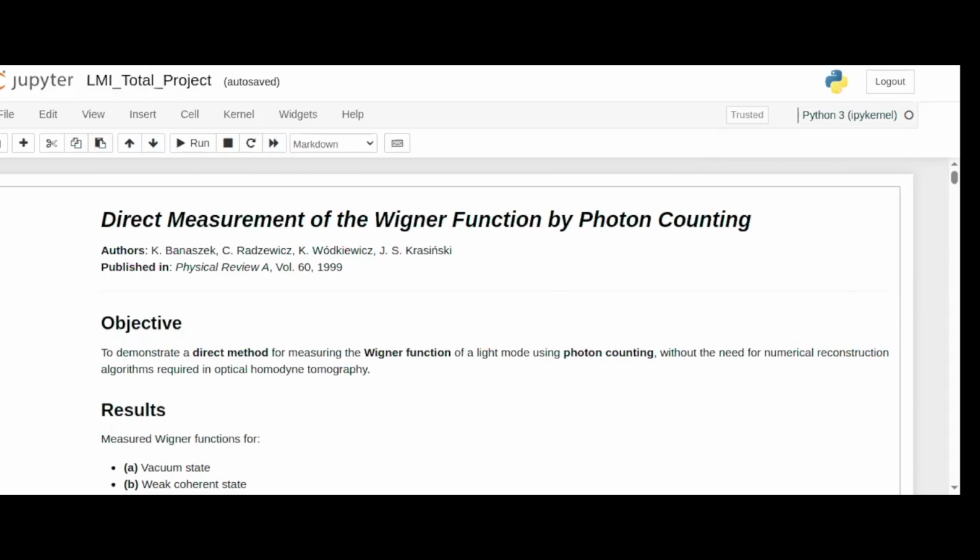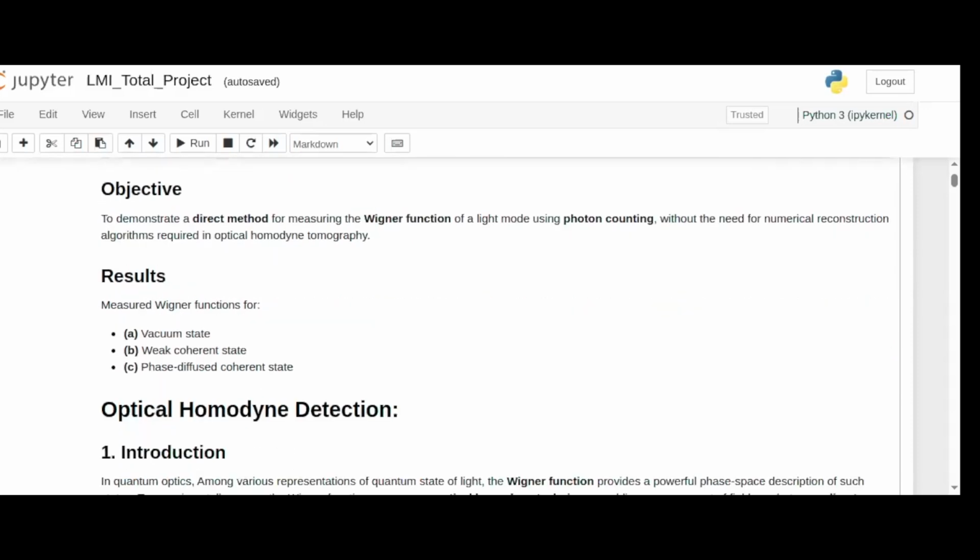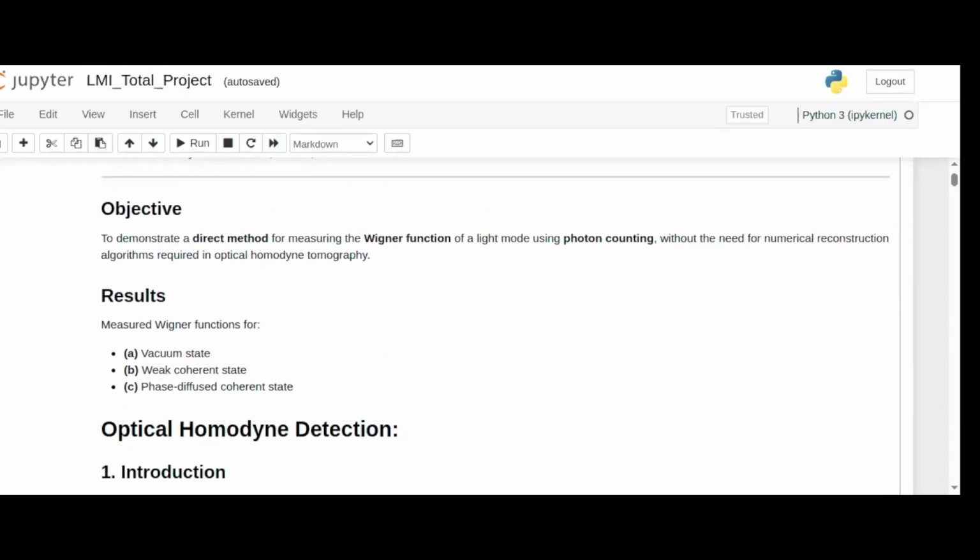Hello everyone. This is addressing the problem of detecting a big state of light. There are two ways to recognize the Wigner function. One technique is optical detection technique. Another is a direct way to measure the Wigner function.